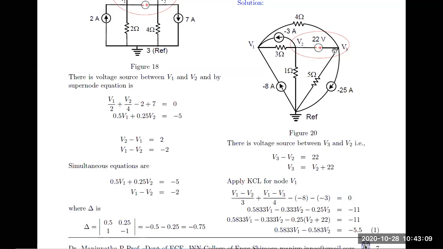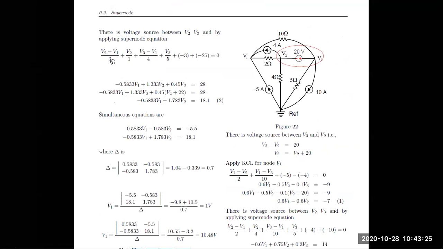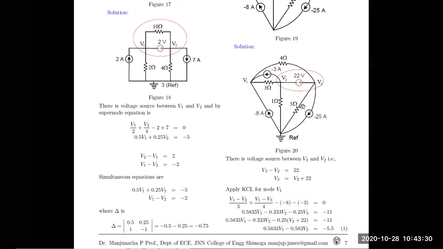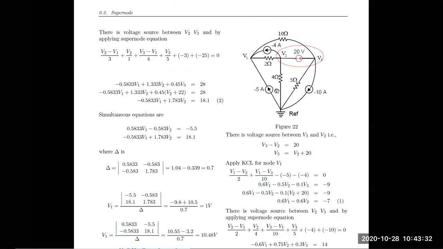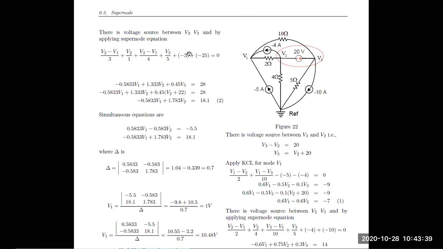Next, V3 by 5, V3 minus V1 by 4, this is moving away, we take it as positive, plus of minus 25 ampere, is equal to 0. That I have written here: V3 minus V1 by 3, V2 by 1, V3 minus V1 by 4, V3 by 5, plus of minus 3 because it is moving away, equal to 0.